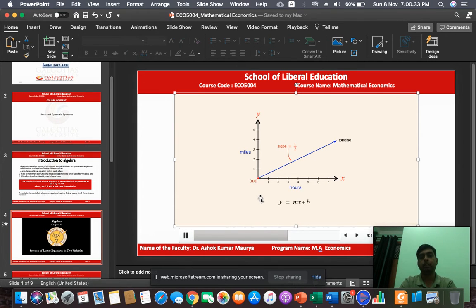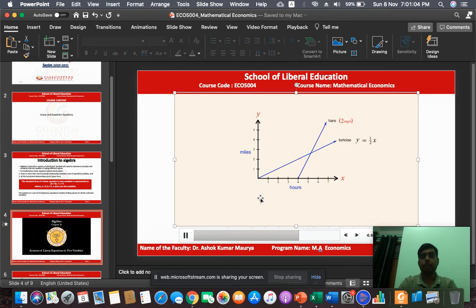So if we calculate the ratio of the line of tortoise, that will be 1 by 2. In the equation y is equal to mx plus c, c will be 0 because tortoise started running from the beginning of the time. So the equation will be y is equal to 1 by 2 x. So this is the linear equation of the race of tortoise.